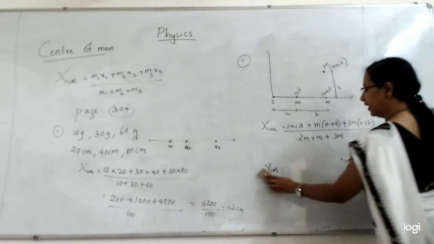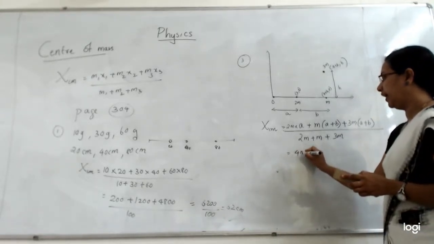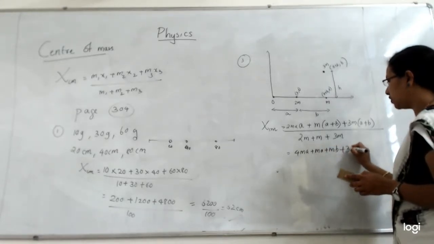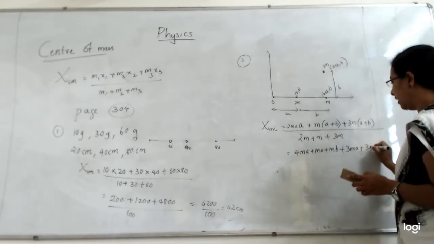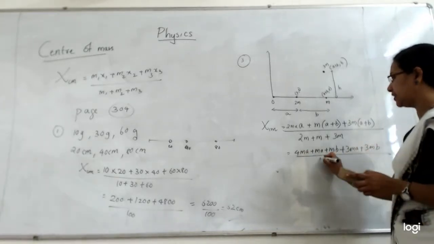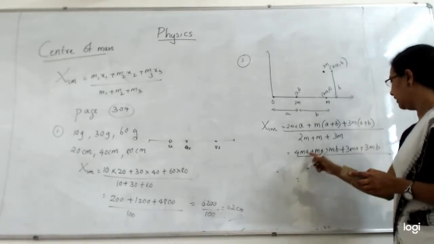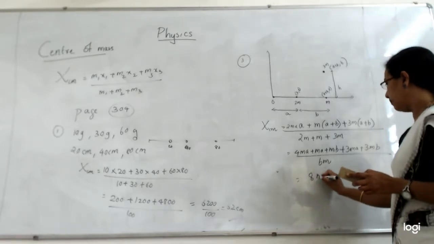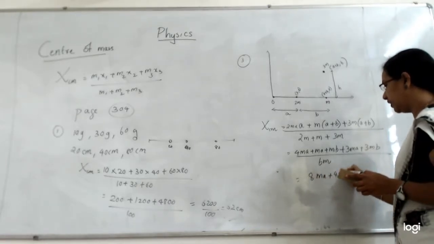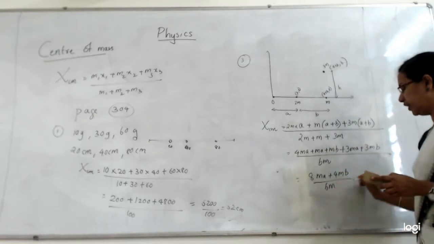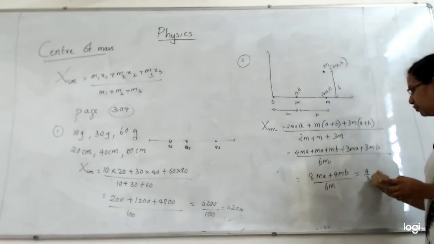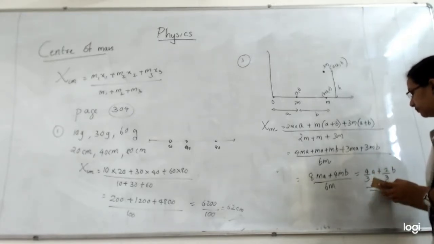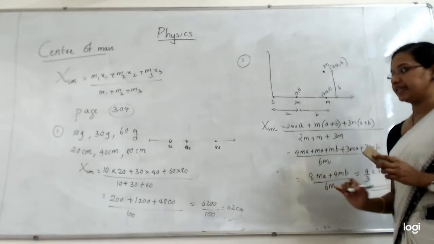If you multiply it, it is 2ma plus ma plus mb plus 3ma plus 3mb, divided by the total mass 6m. That is 6ma plus 4mb by 6m. If you cancel, I can write 4 by 3 a plus 2 by 3 b. This is our XCM.